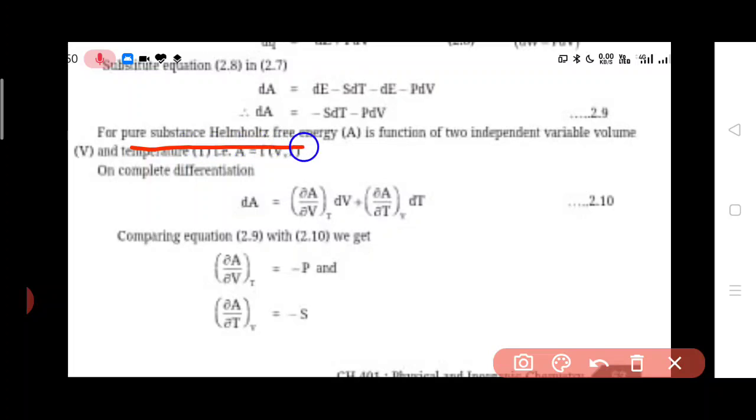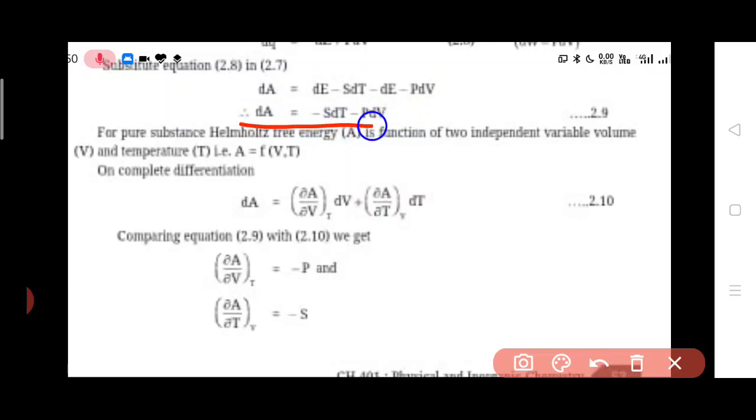For a pure substance, Helmholtz free energy A is a function of two independent variables, that is volume V and temperature T. See here, this Helmholtz free energy, that is A. When we write d with A, it means that it is a change in Helmholtz free energy. So the change in Helmholtz free energy changes with temperature and volume. dT and dV are the change in temperature and change in volume.